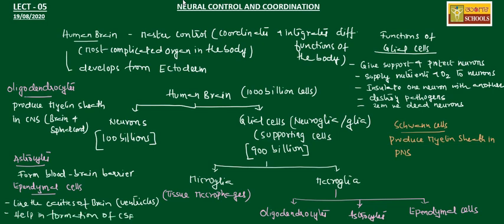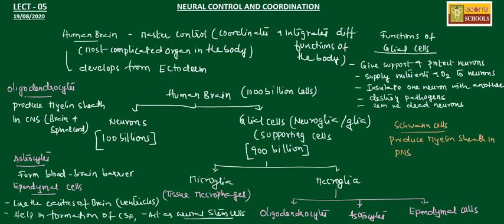And these ependymal cells will also act as neural stem cells. These neural stem cells will help in the formation of new neurons and glial cells.